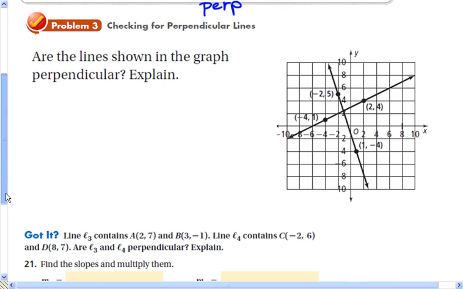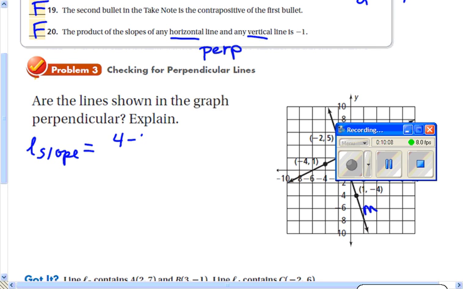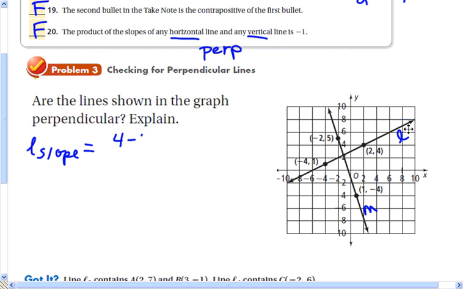Let's call this one M and this one L. So our L slope is equal to 4 minus 1 over 2 minus negative 4, and that's equal to 3 over 6, which is 1/2.